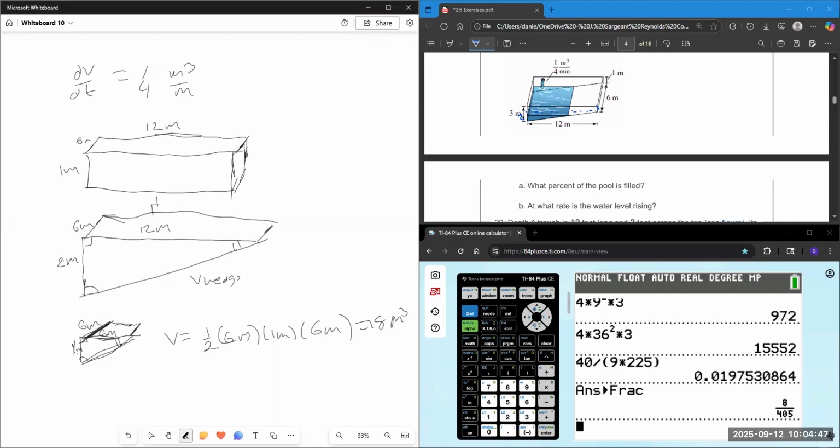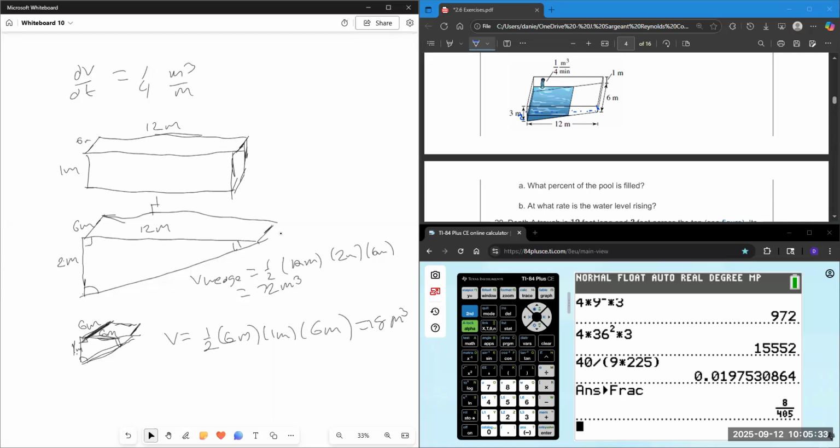Volume of the wedge is 1/2 base of 12 meters, height of 2 meters, and width there 6 meters. 6 times 2 is 12, times 12 is 144, and that divided by 2 is 72.